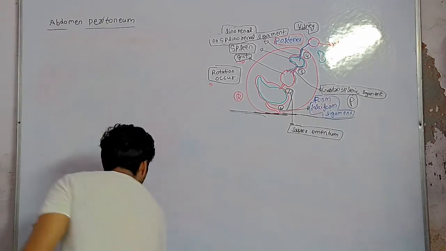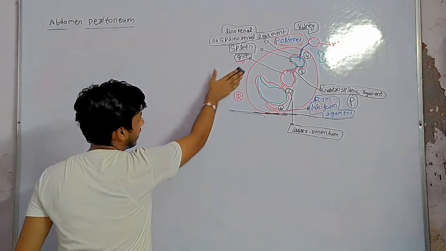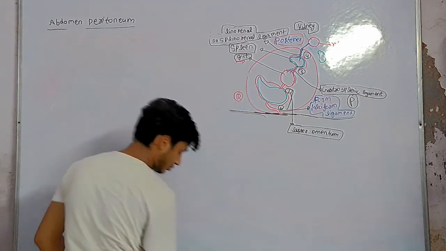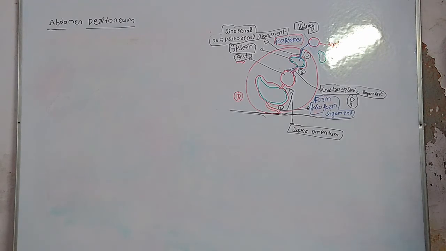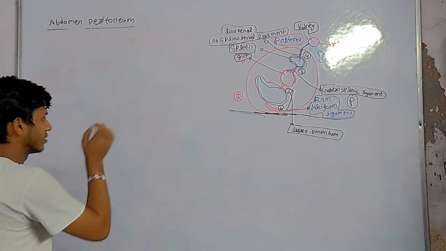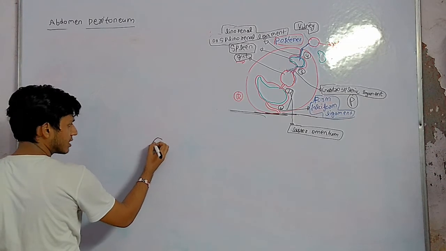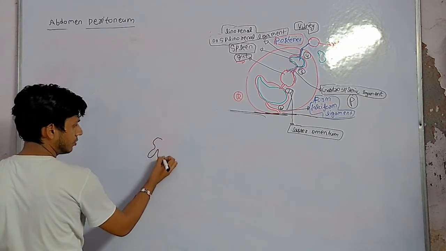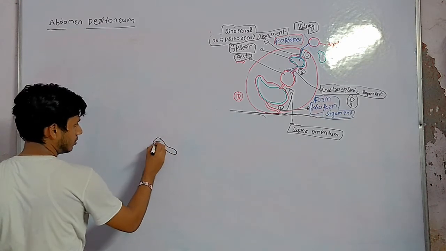Done. Now, to understand the content of the lesser omentum, we take a more developed view. First we draw the superior view of this part. On the posterior side we first have the vertebra. Let's say this is the T12 vertebra.